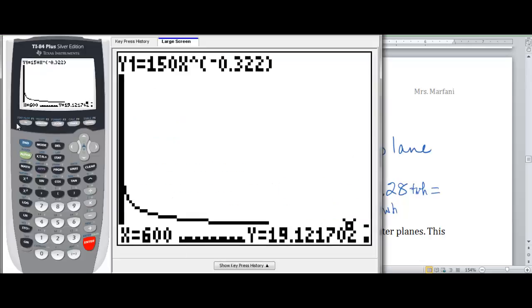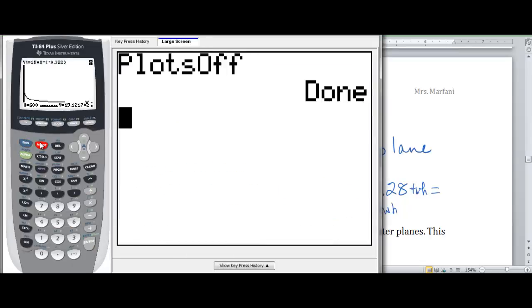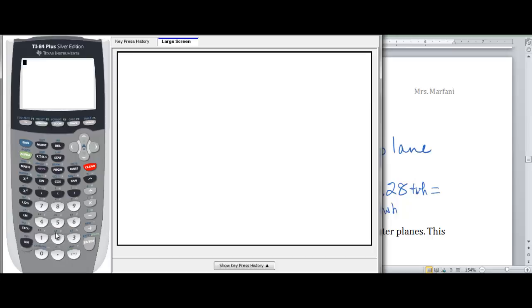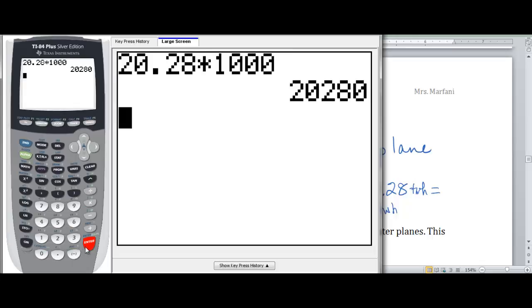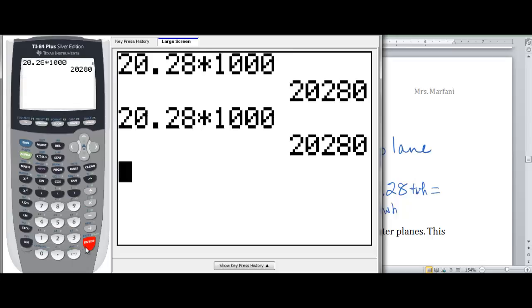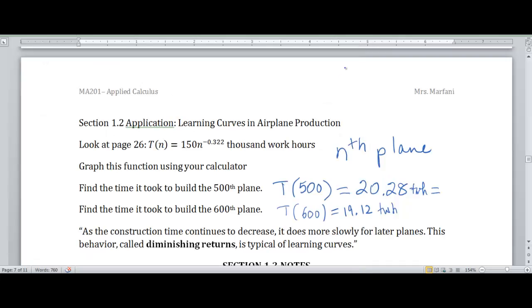So you can do now this second one, and let's do 20.28 thousand. So you want to multiply this by 1,000. So that's 20,280 work hours. Okay.